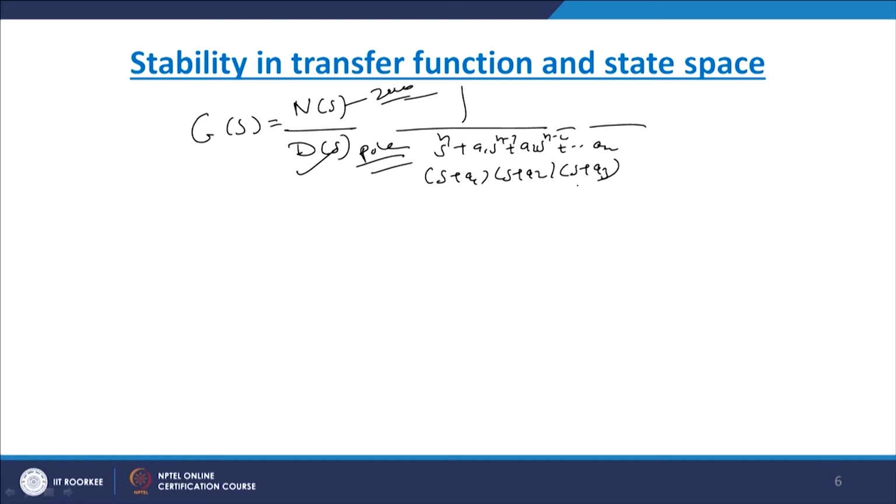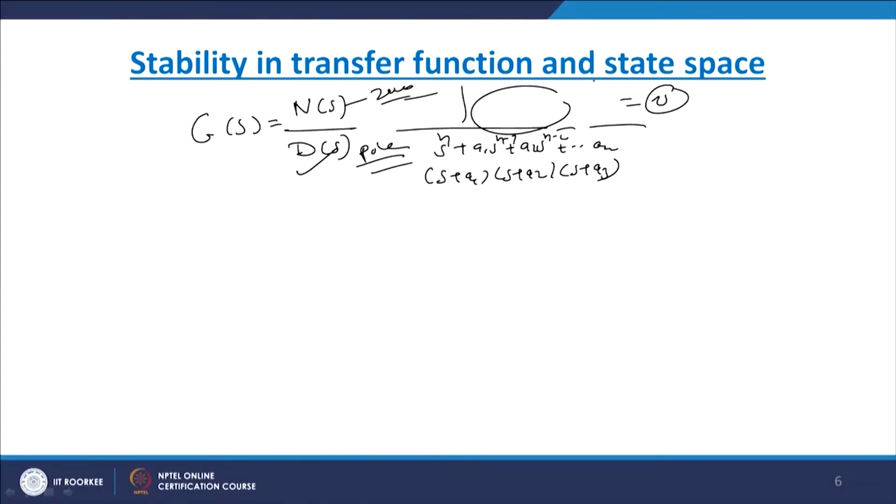What will happen at some specific value of s, say s equals minus a1? This part equals 0 and the system will be unstable, whereas the numerator will not have this effect. That means the denominator plays a vital role in the stability of the system.